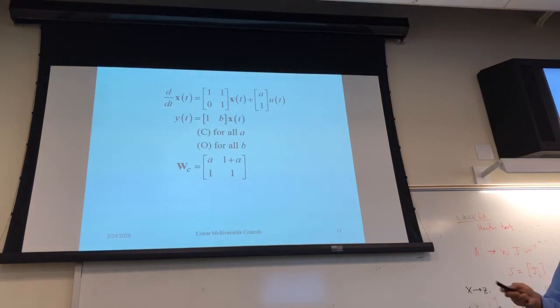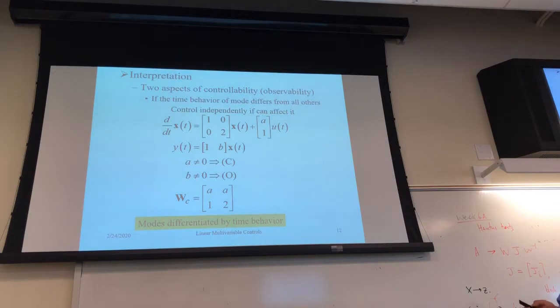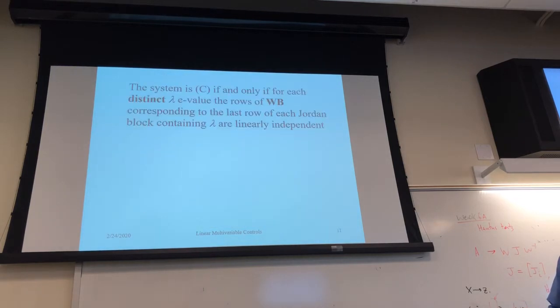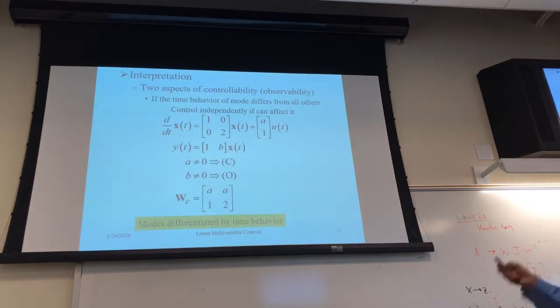If B is 0, it is still controllable. Compared to this case, any of them 0, then no.